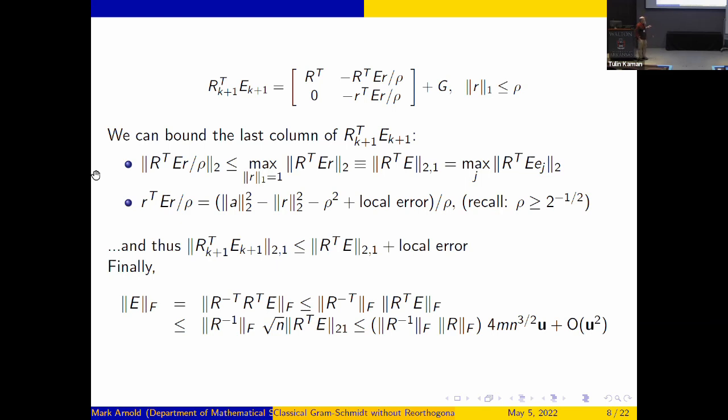This turns out to be a key to the error that Giraud made in the 2005 paper, and Smaktunovitz fixed by noticing that if we compute this rho squared as the length of A squared minus the length of R squared, then this has to be small.